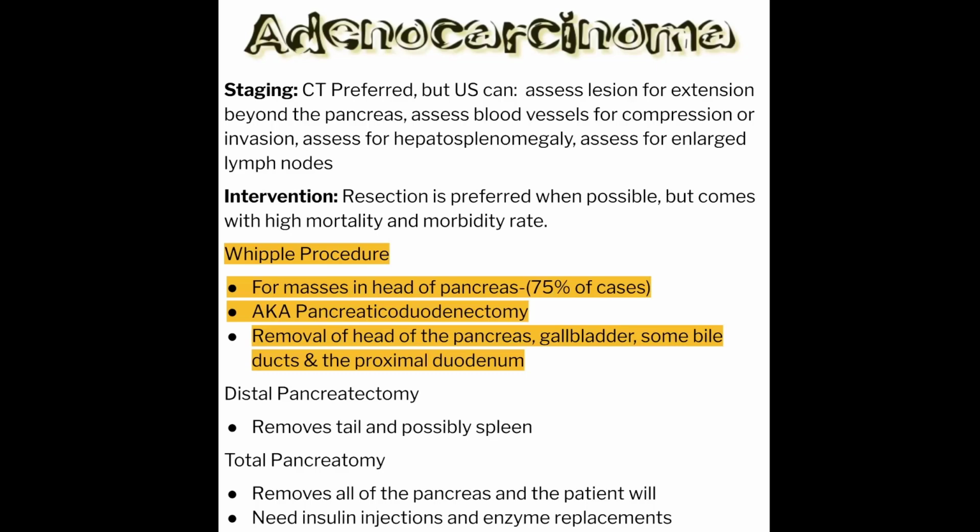Or they can do a total pancreatectomy, where they remove all of the pancreas, and then the patient will need to supplement with insulin injections and take enzyme replacements, usually just in the form of a pill.